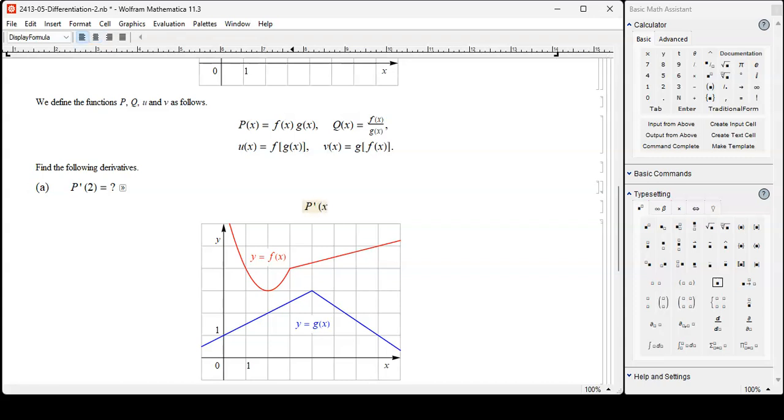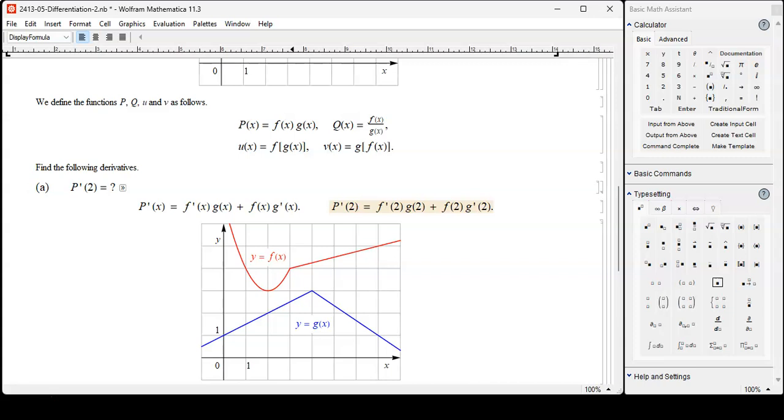P prime of x is f prime of x, g of x, plus f of x, g prime of x, and therefore P prime of 2 is f prime of 2, g of 2, plus f of 2, g prime of 2.